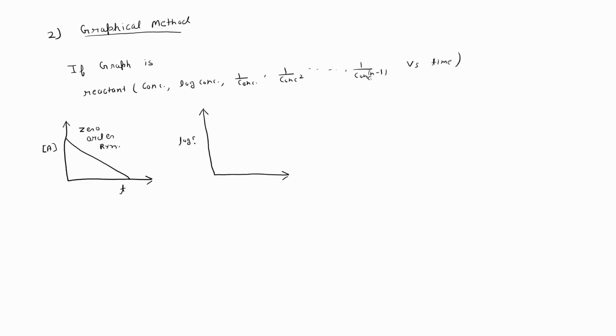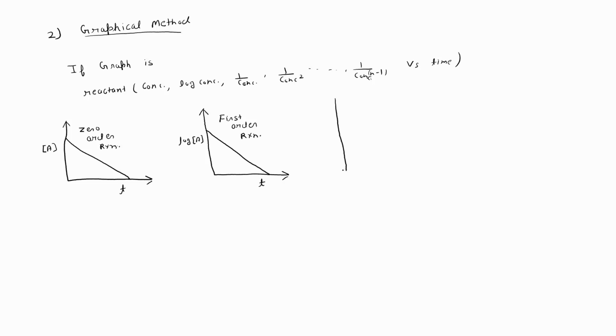And if the graph given is logarithm of concentration with respect to time, and this is also a straight line with a negative slope, then the y-axis is different, it is logarithm, so it means it is a first order reaction.